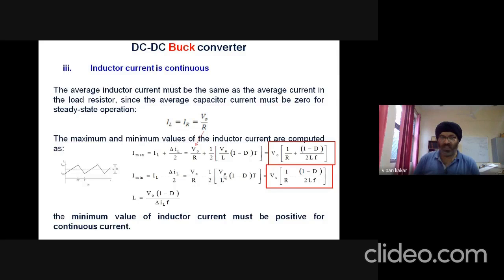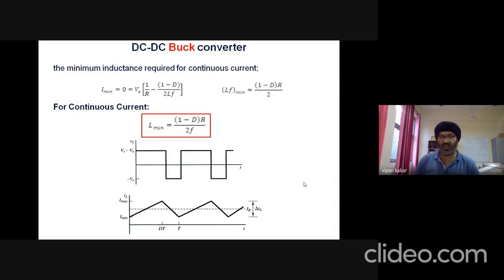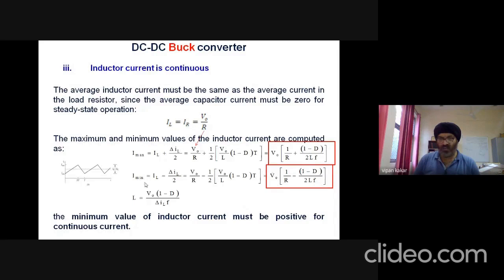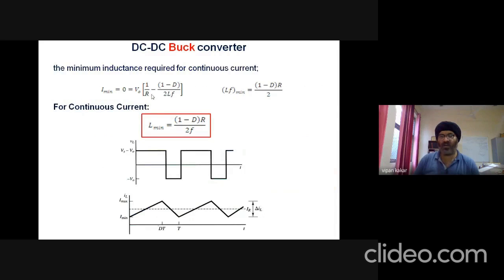So using these equations over here, we can use this one over here for I minimum, what is the minimum value and what is the maximum value of current. Using these two conditions, we can find out the value of minimum inductance over here.